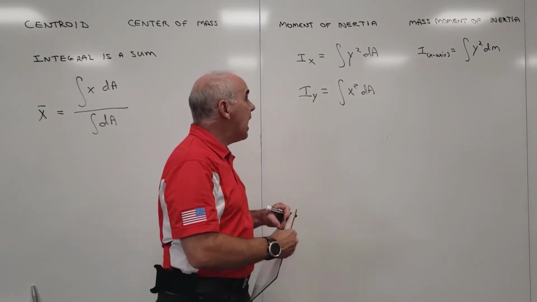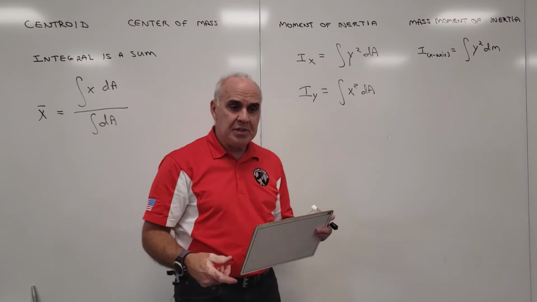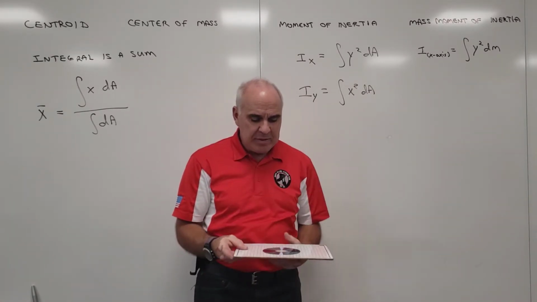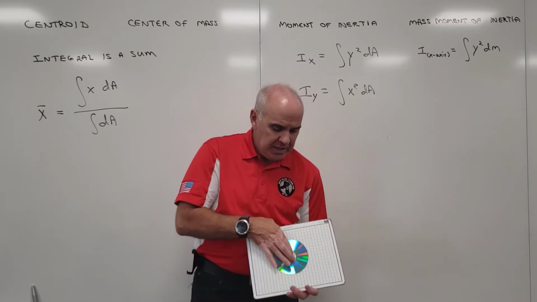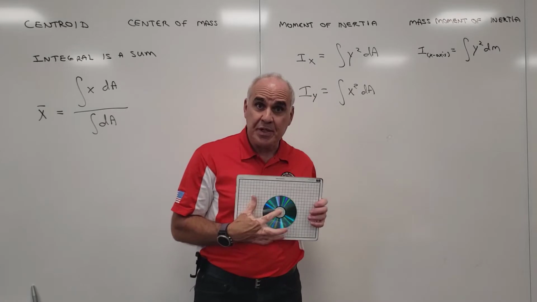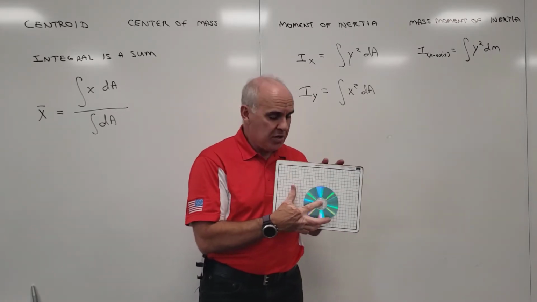All right, but again, I have an integral, and an integral is a sum. To keep my life nice and simple, I'm going to place the CD so the centroid of the CD and the centroid of the rectangular shape are the same.